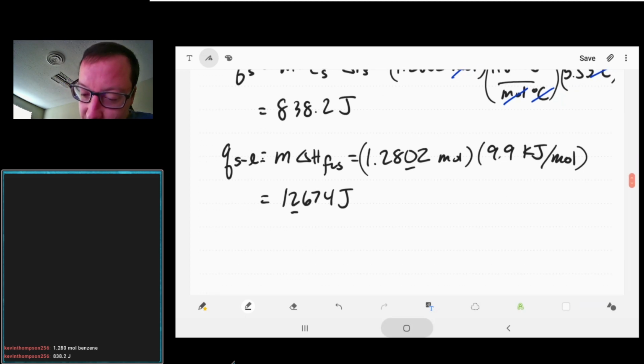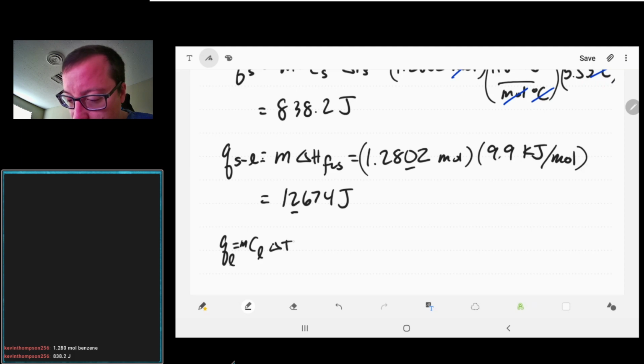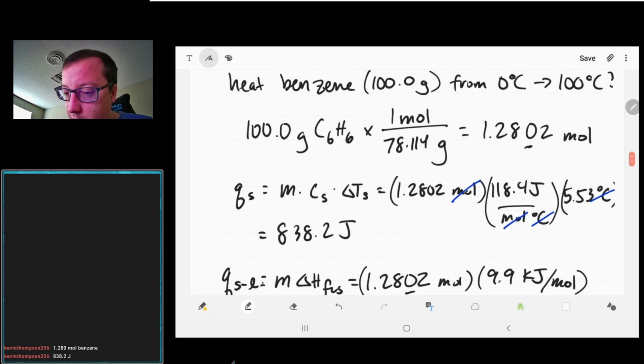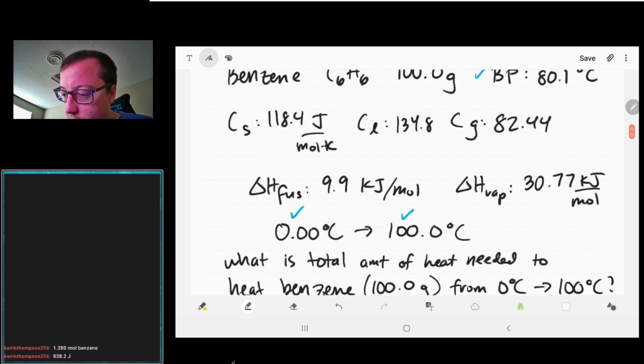All right, and the rest, again, is much the same. C for liquid times delta T for liquid. So that'll be 1.2802 moles. Let's go ahead and look up our specific heat. It was 134.8.